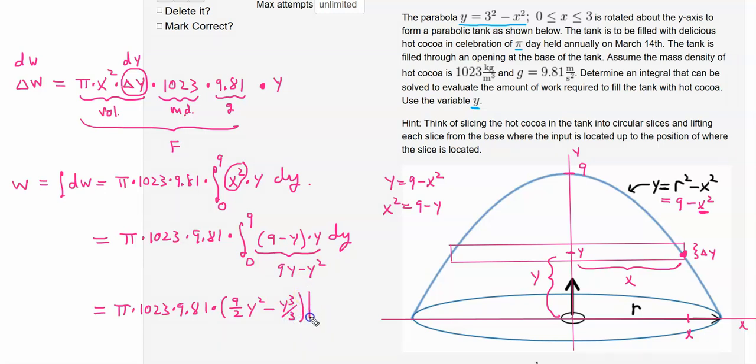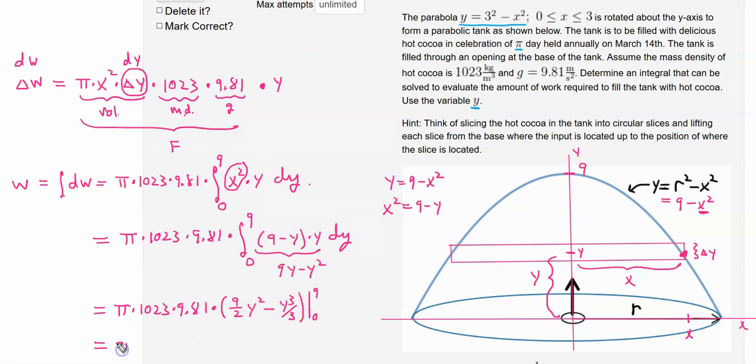And all of that is evaluated from 0 to 9. So put 9 in here for y, put 0 in here for y, and subtract. Now, once again, if you put the 0 in here for y, you're just going to get 0 back. So really, our answer is just going to be putting the 9 in here for y, and that's going to be our answer.